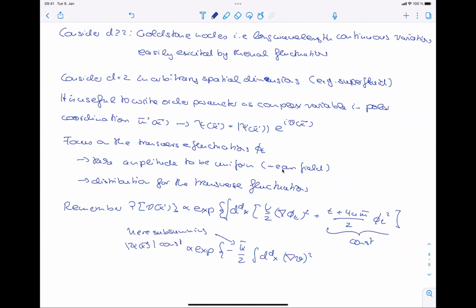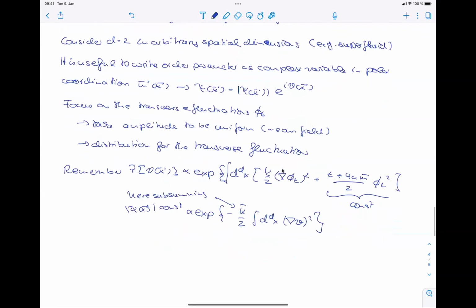So these terms and so on. Okay, so we really only have a quadratic dependence on the spatial derivative of this polar phase. And yay, that we know how to deal with, right?